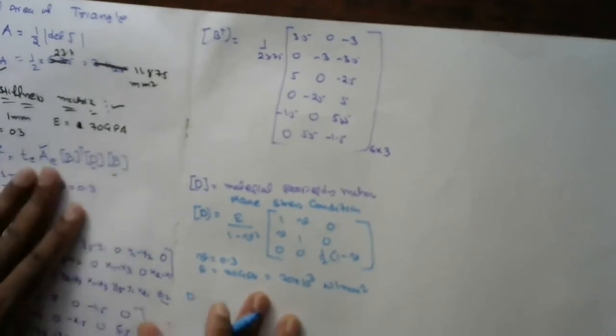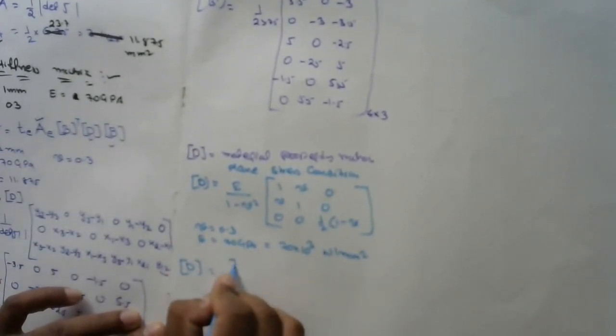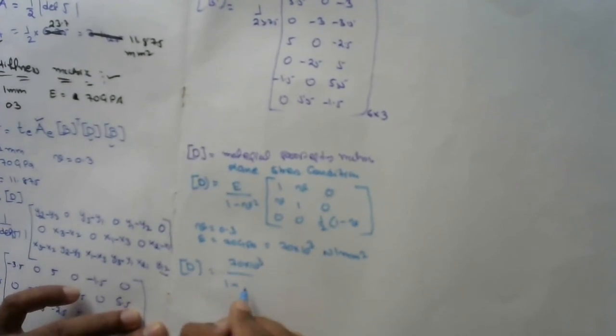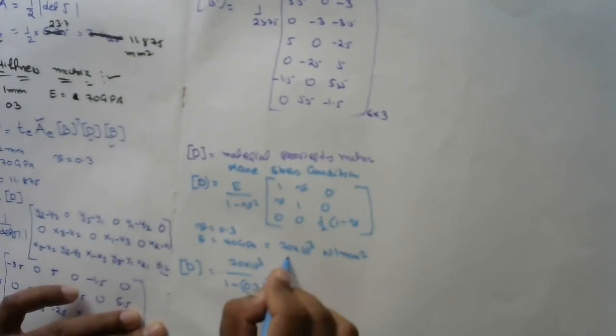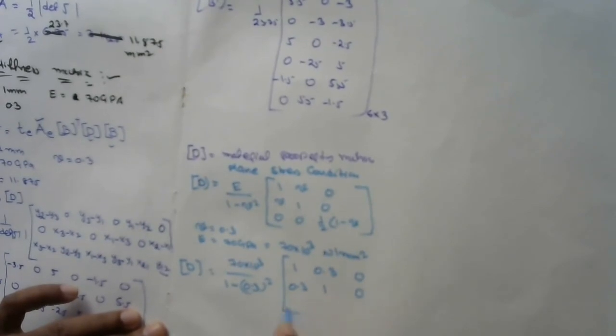Therefore, the D matrix can be written as E equal to 70 into 10 power 3 divided by 1 minus mu square, with mu equal to 0.3, that whole squared, into the matrix 1, 0.3, 0; 0.3, 1, 0; 0, 0, half of (1 minus 0.3). So this is the D matrix.